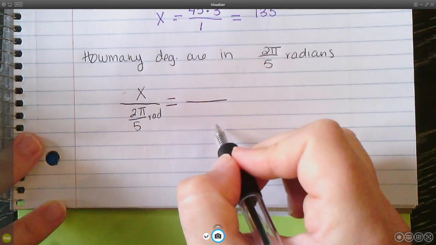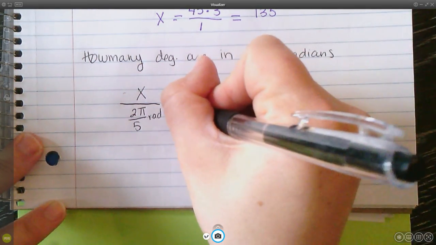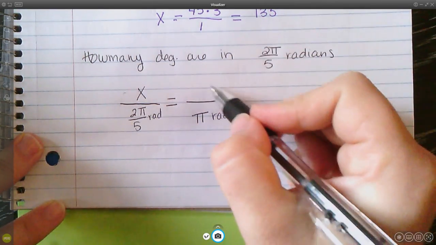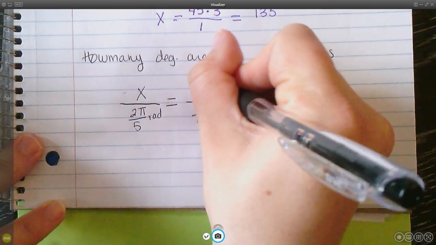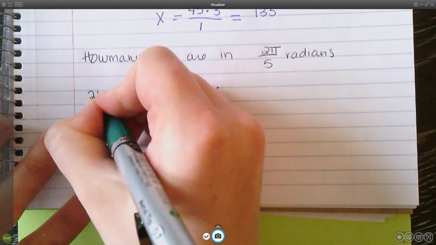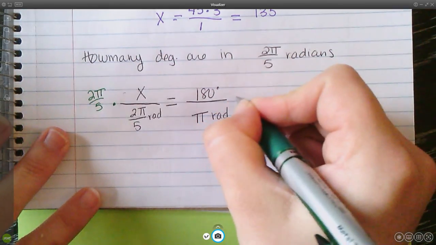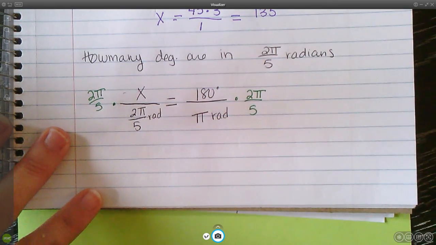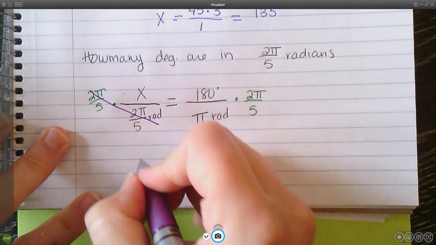Radians are on the bottom, so you have to have radians in the bottom. So that would be pi radians. And then on the top, you're going to have 180 degrees. So I need to multiply both sides by 2 pi over 5. These two things cross out completely.